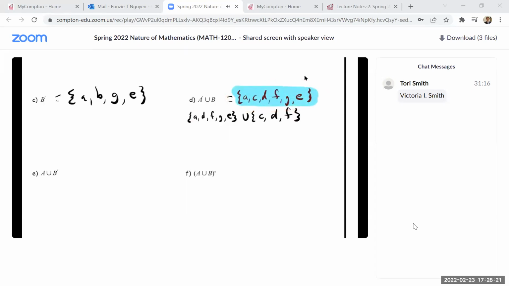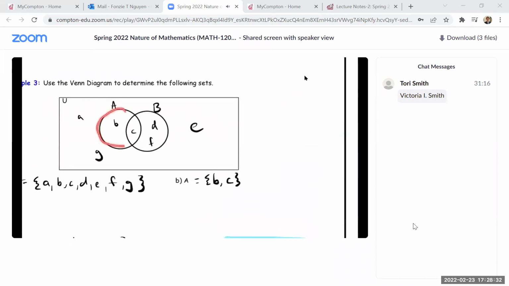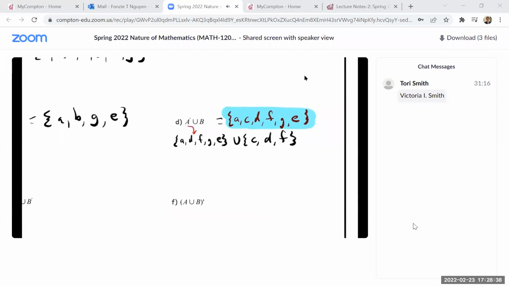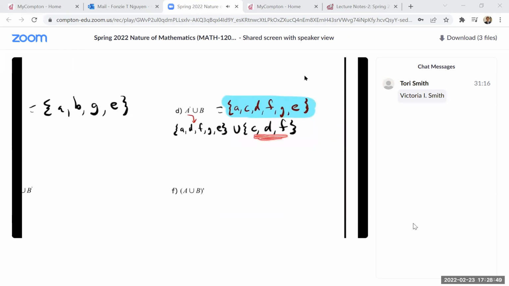Can you explain that one again, the union? Yeah, so the first thing we had to do was find the complement. That would be this set right here, everything outside of A, and we found it to be A, G, D, F, E. Then we have to do the union with B. So here's B: C, D, F. Then we take the union of these two sets.